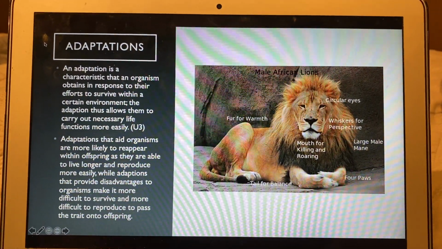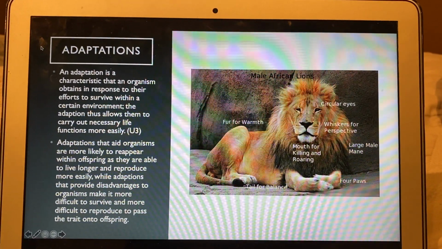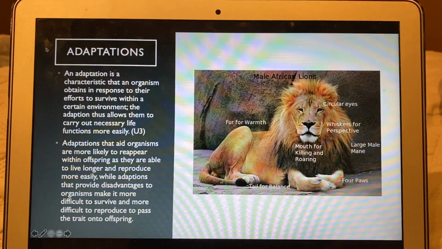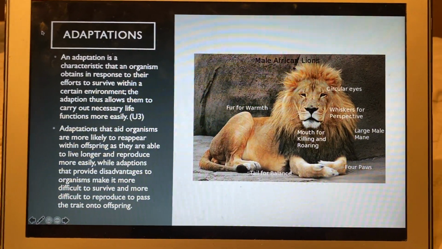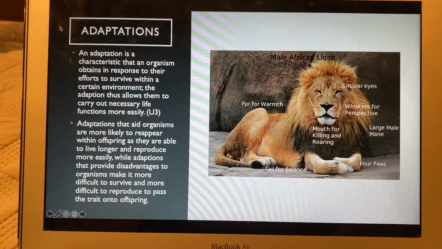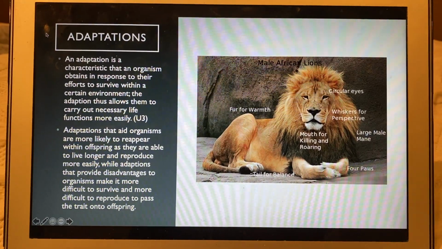Conversely, the traits that are not aiding organisms, that are slowing them down, that are making them less able to survive within their environment, are going to help to reduce its frequency within the population, given that these organisms will not survive as long within the environment and maybe not have enough time to reproduce offspring with the same trait.